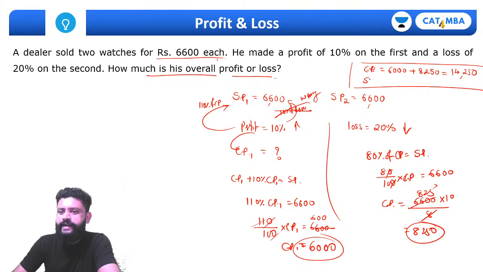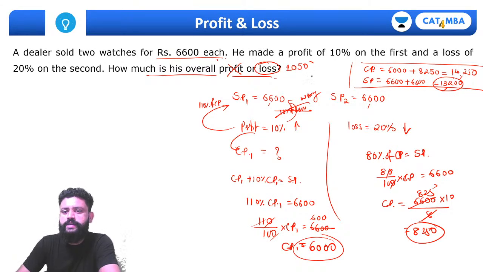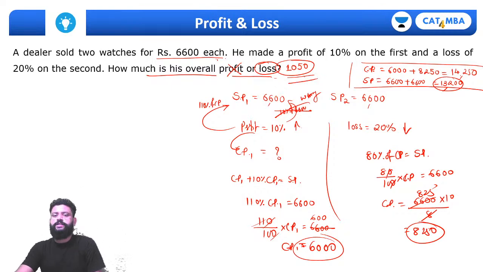And if you look at the selling price, both were the same, 6,600 plus 6,600, that comes out to be 13,200. So tell me, was there a loss or a profit? There is a loss and the loss is of 1050. The percentage loss was not asked, we were only asked the loss amount, that's it.